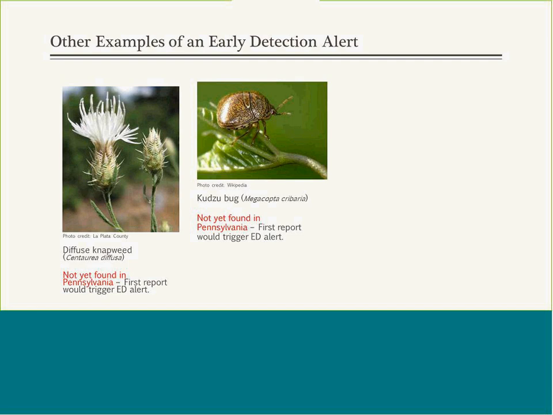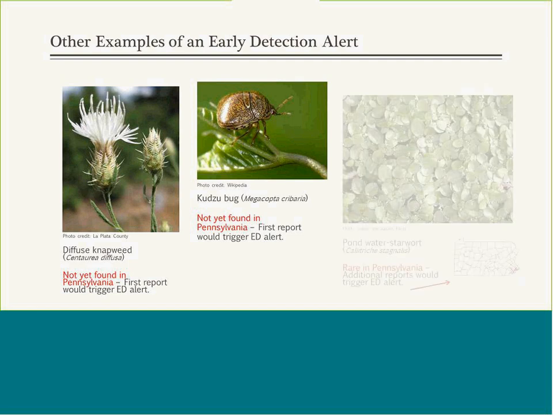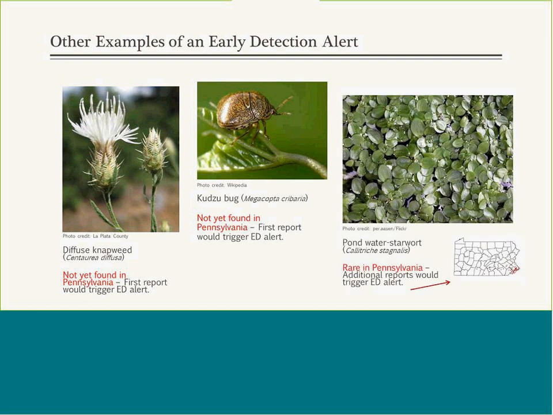The first report for it would trigger it if you had a specific early detection alert set up for this species. Water starwort, this one is found in Pennsylvania, but it's pretty rare right now. So any additional reports would trigger this early detection alert. If there was maybe one report so far, 2 more would continue to trigger this particular alert type. Okay, so that's how that one works.